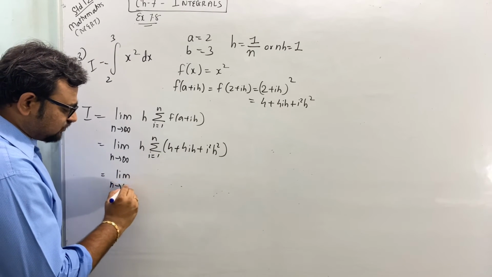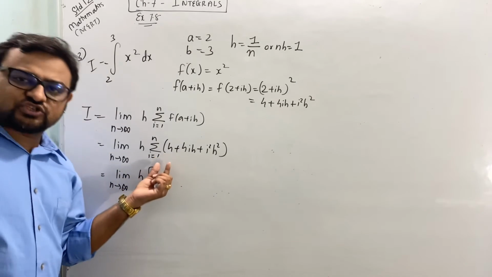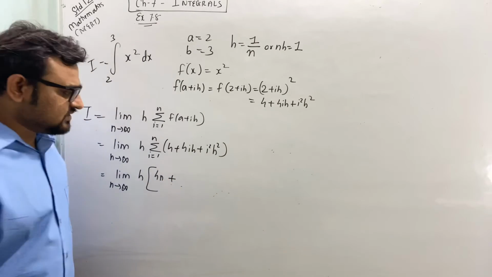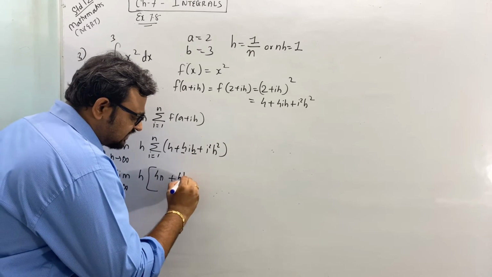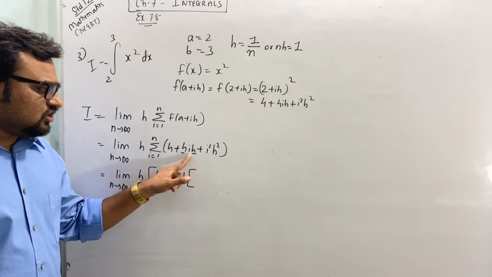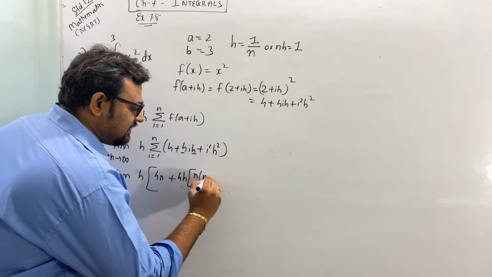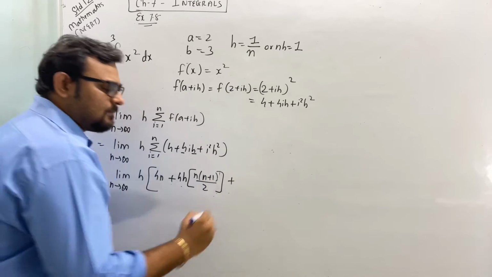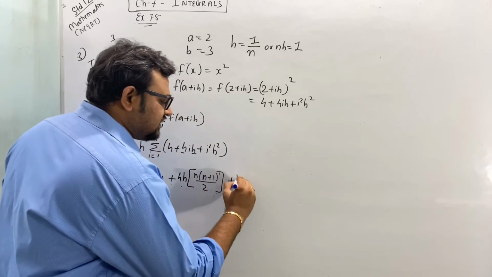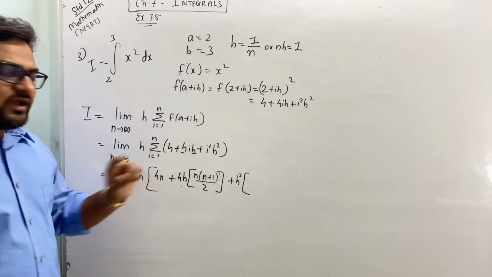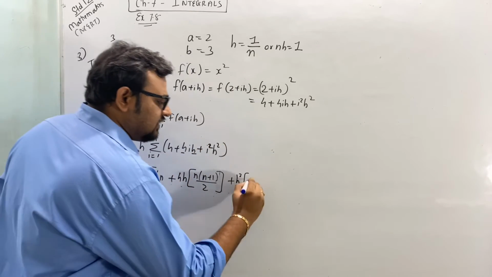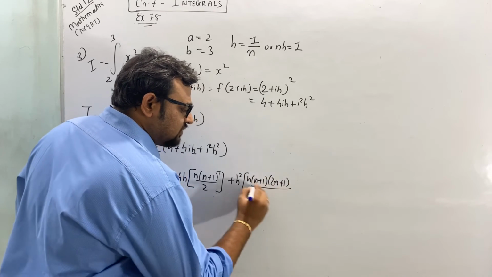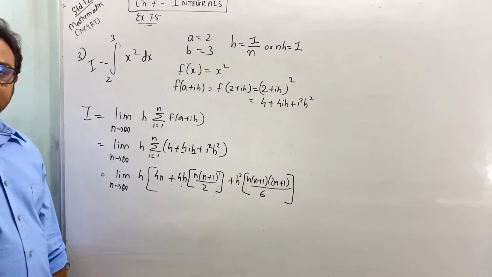Limit n tends to infinity h. 4 is constant, so summation from i to n gives 4n, plus, in this, 4 and h are constant, so summation of i is n, n plus 1 by 2, plus h square constant, summation of i square, n, n plus 1, 2n plus 1 by 6.